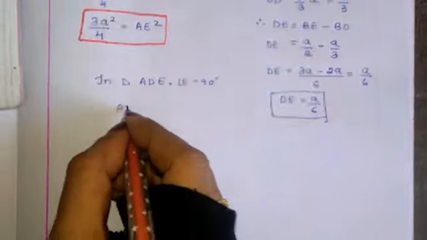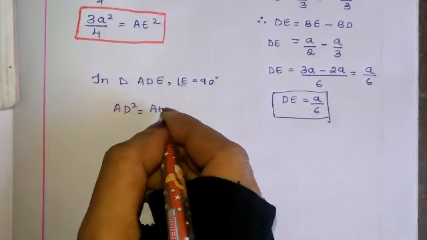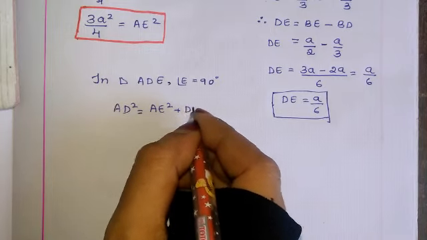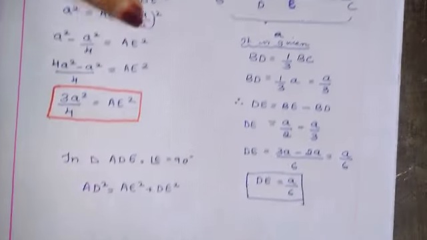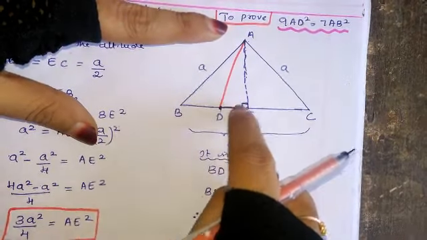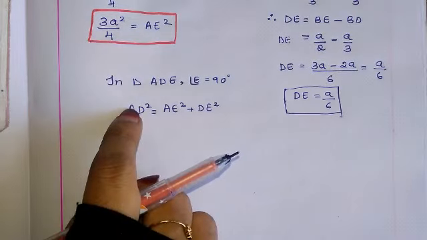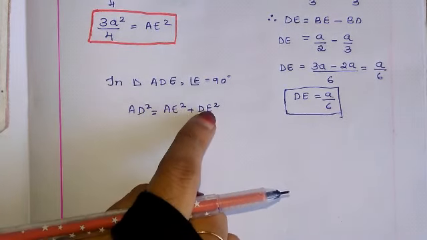AD square is equal to AE square plus DE square. I have shown you the figure, and I have written the same thing: AD square is equal to AE square plus DE square.